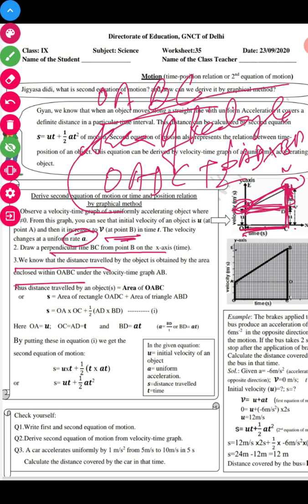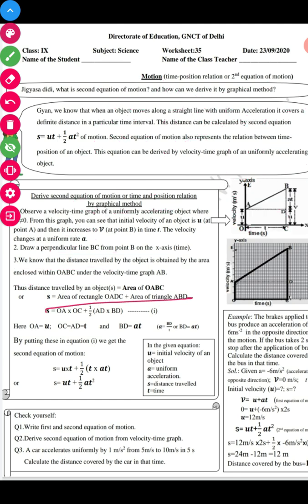If we calculate these two, we will be able to find out the distance covered by an object.